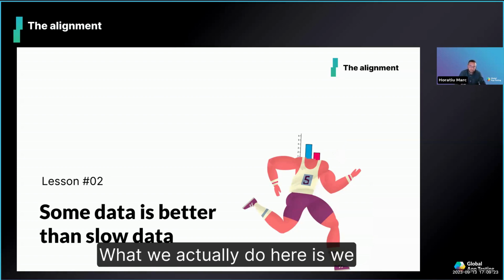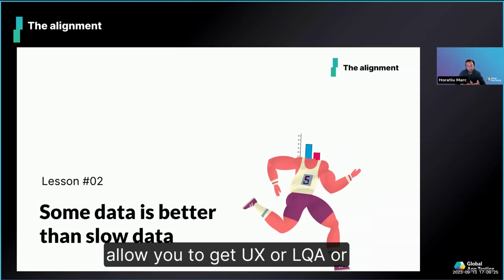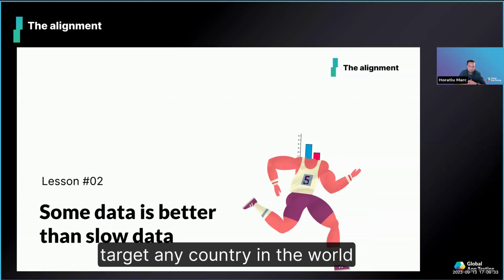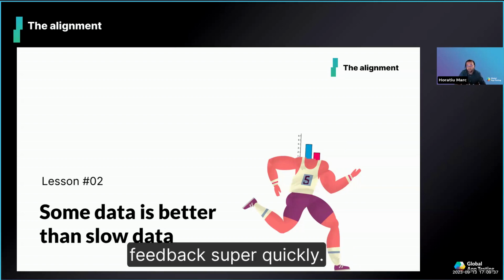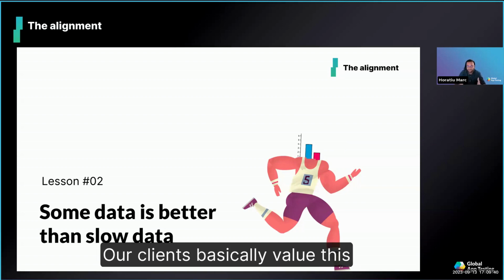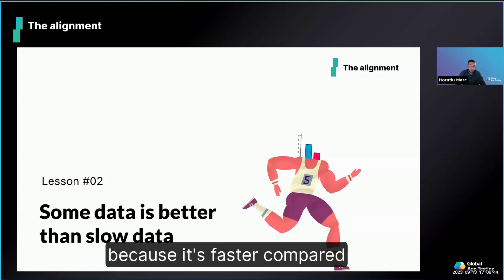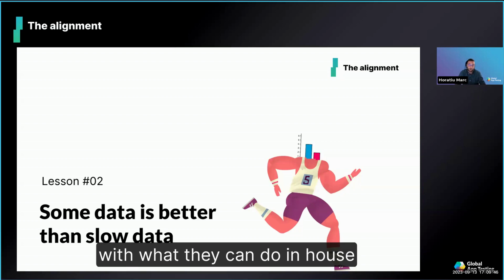What we actually do is allow you to get UX, LQA or functional feedback within 48 hours. We can target any country in the world or any device, and you can get feedback super quickly. Our clients value this because it's faster compared with what they can do in-house, or how quickly they can receive feedback from local users.